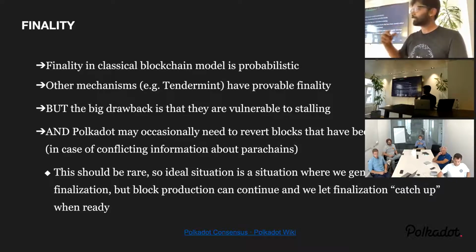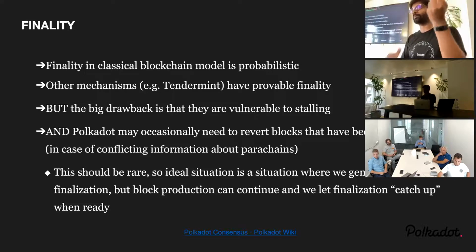To achieve finality, the classical blockchain model, like Nakamoto consensus, is probabilistic, meaning the more blocks that get added on top of this block with the current transaction, the more confidence you have that it is going to be final.